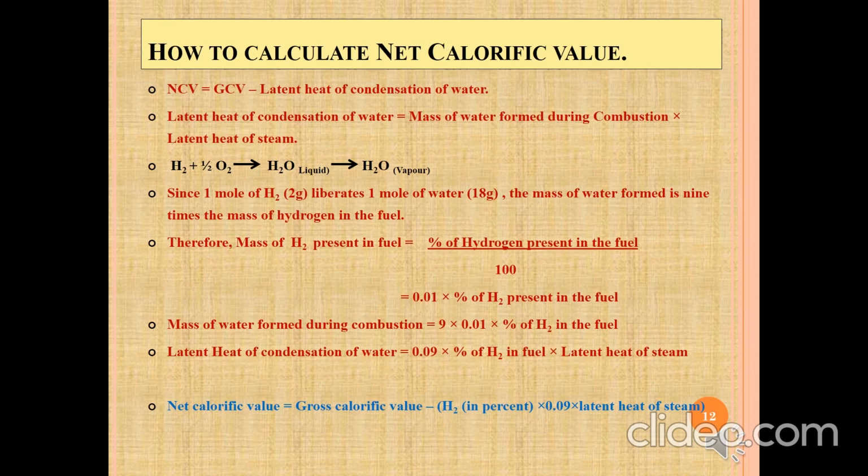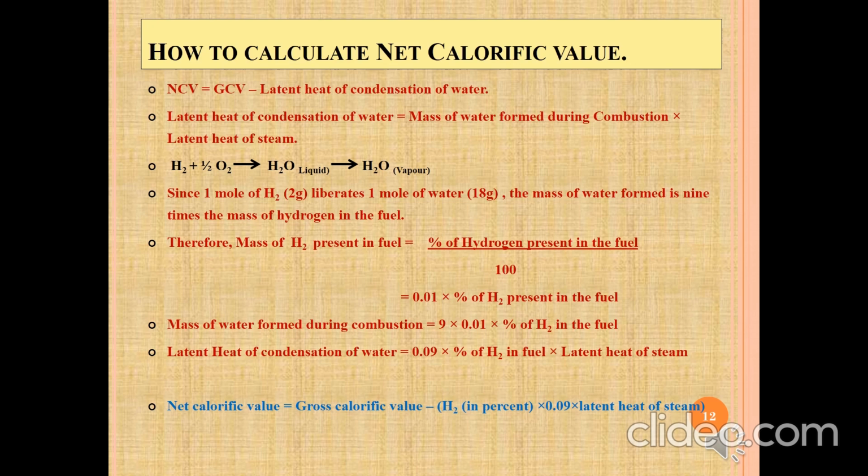How to calculate net calorific value? Net calorific value NCV equals GCV minus latent heat of condensation of water. Latent heat of condensation of water is equal to mass of water formed during combustion into latent heat of steam. So let's take an example of hydrogen as a fuel which undergoes combustion in presence of oxygen, producing a large amount of heat plus water.